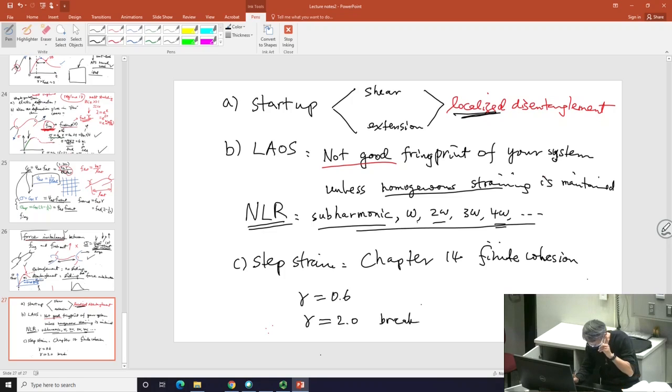And we have not yet said why it breaks. Breaks elastically, or we call it elastic yielding. We have yet to say very much about this last bit of nonlinear rheology. But in contrast to that, at 0.6, nothing happened, the very same sample.